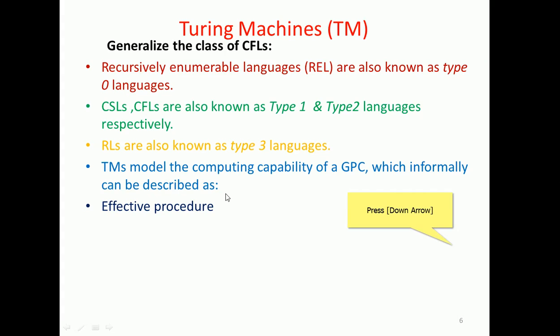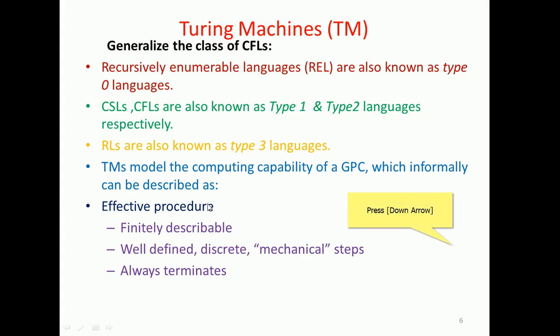The effective procedure consists of finitely describable steps, in the algorithm or procedure we have defined to provide a solution for a particular problem, that is, a finite number of steps.